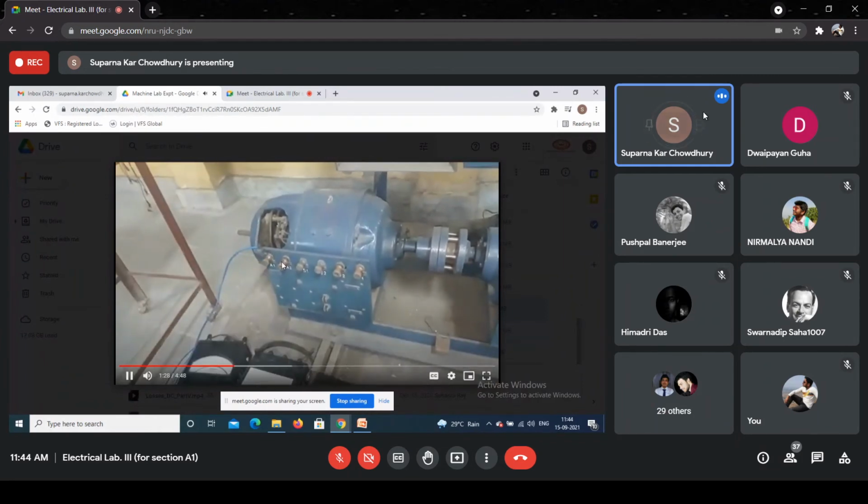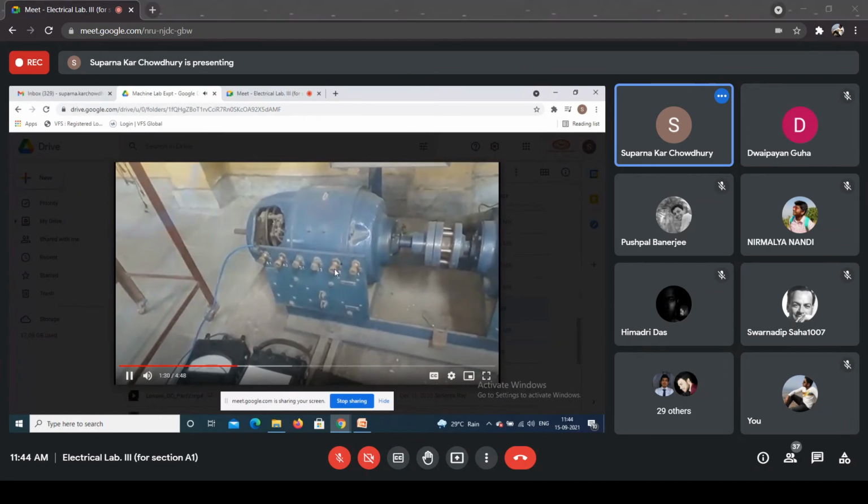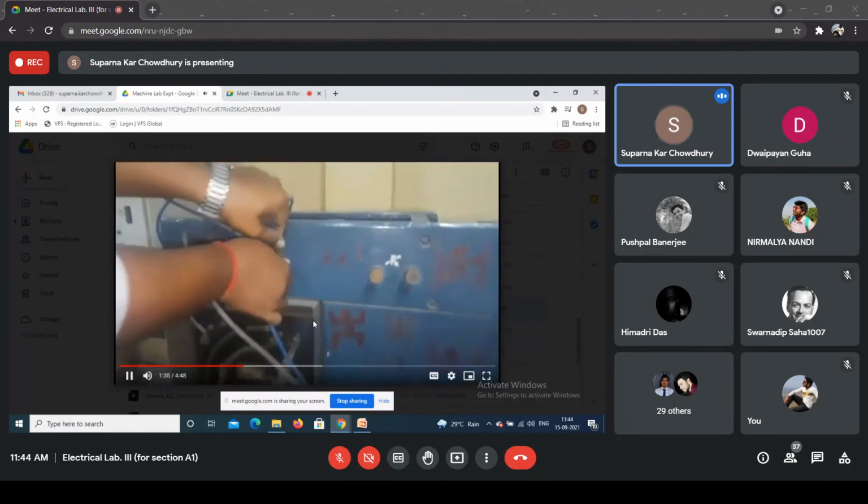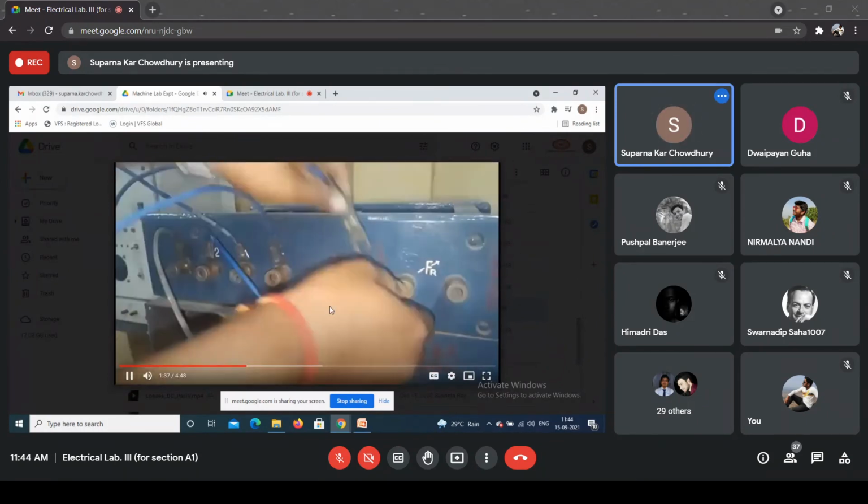Here these two are the ammeter terminals, these two are the series field, and these two are the shunt field terminals. We are not using the shunt field, so we use the series field, connecting it as the shunt motor.